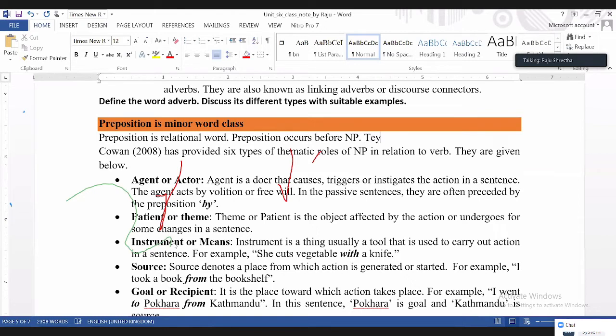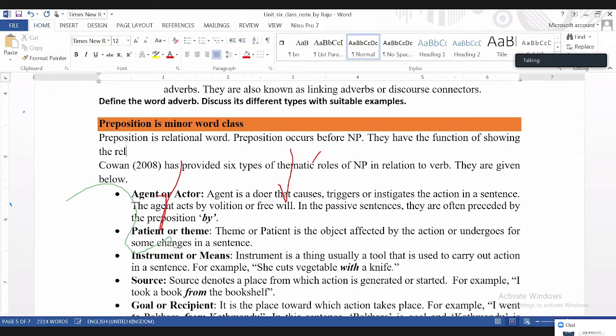So they have the function of what? Showing or connecting or linking, showing the relation of words. Relation of words.